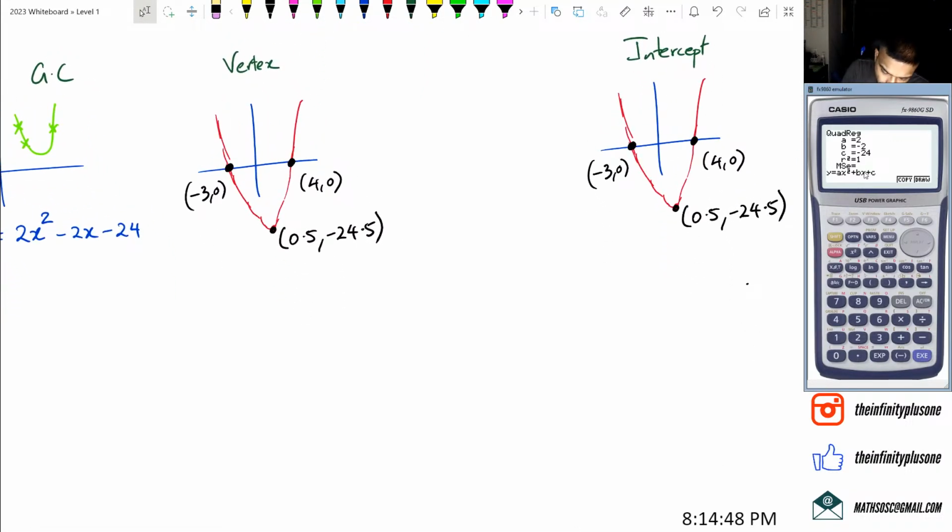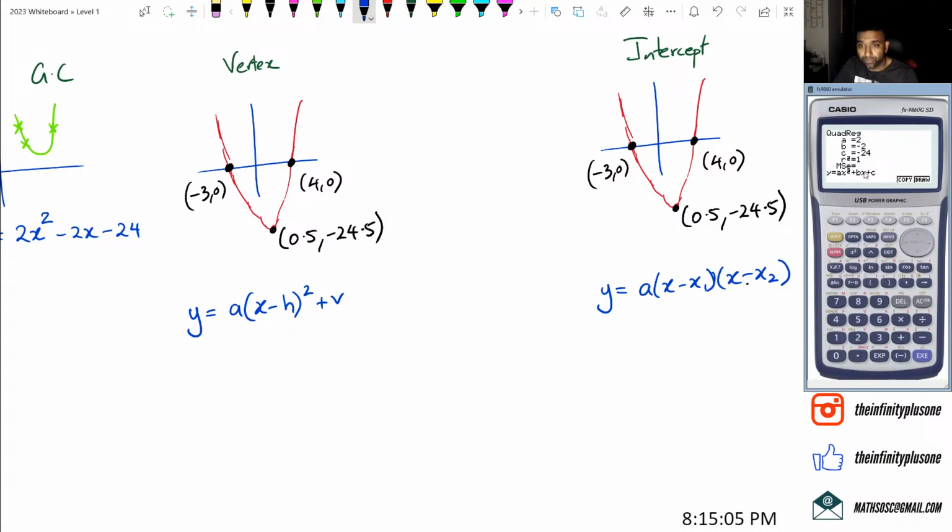With the vertex form, what we have is y equals a, x minus h squared plus v. Intercept form, we've got y equals a, x minus x1, and x minus x2. I'm going to do this one at a time, guys, and then show you how all of these 3 equations are exactly the same thing.